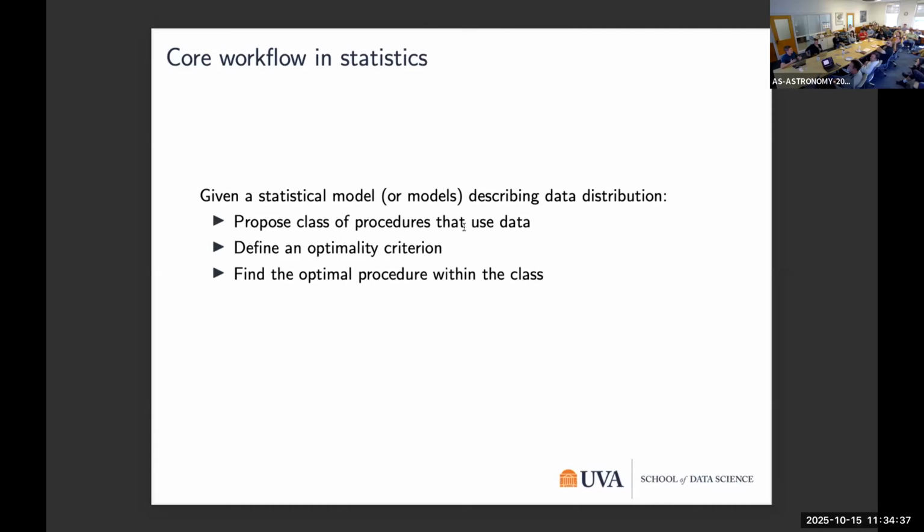You then use this criterion to find an optimal procedure for mashing up your data to arrive at some number. Sometimes you can actually do what's optimal. More often than not, you have to find some kind of computable or feasible approximation to this optimal procedure.